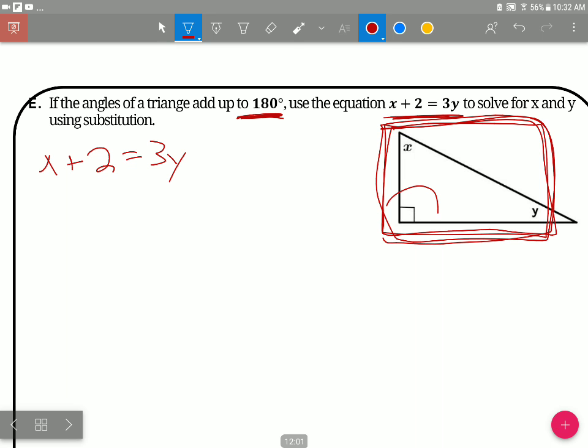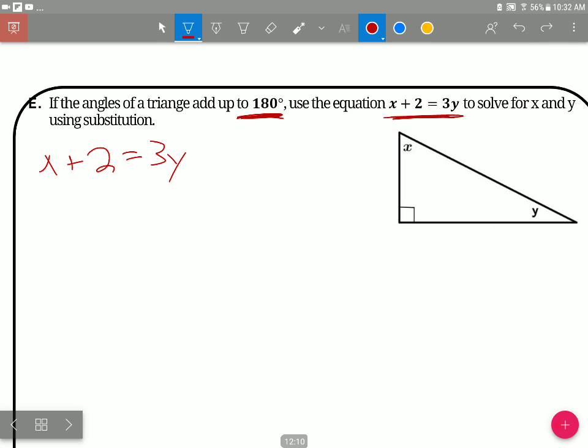Do we know what this angle is? 90. Remember that little symbol means it's a right angle? That's 90. So here we go. That's 90 plus x plus y equals how many degrees? 180. Cool.